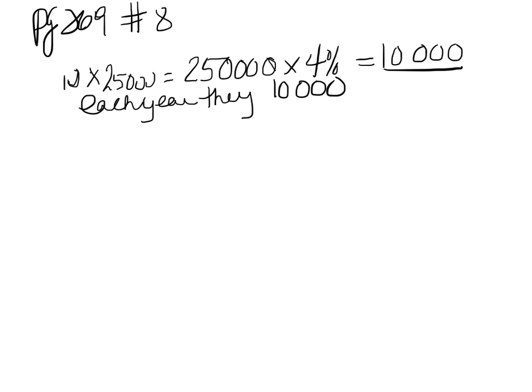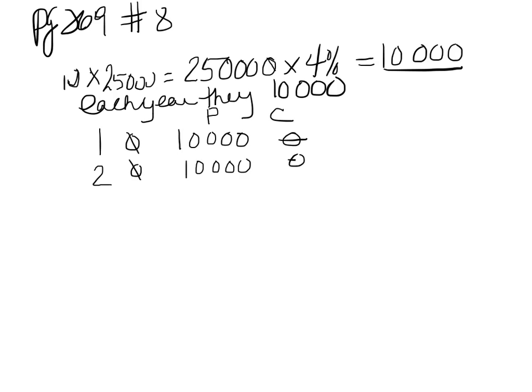Now the board of directors will determine if they want to declare a dividend each year. In this particular problem, they tell you the two previous years, one, two, there was no dividend. So the preferred shareholders were owed $10,000 each year. I'm just going to put a P and a C. No guarantees for the common, so they're not owed anything. Now the board of directors declares a dividend of $37,000. All they're going to pay out is $37,000.